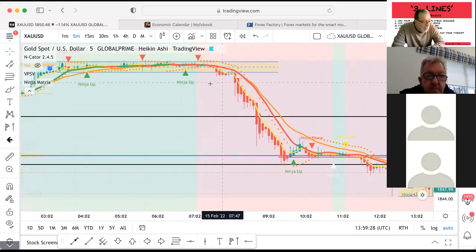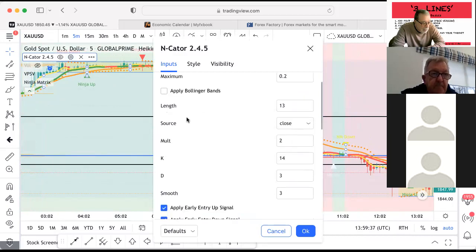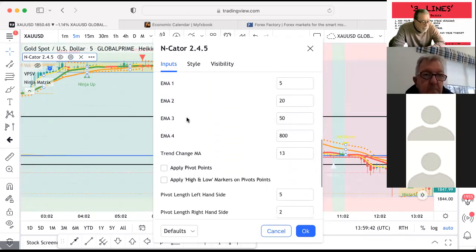And in your Ninjacator, if you go to settings, if you go to inputs, and the moving averages, I've got them set. Number one, I've got 5. It's a 5 moving average, so it's looking back at the last 5 candles.